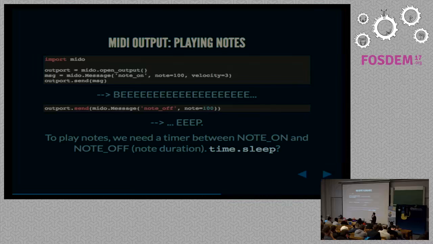So to play notes in a human sense, we have to have a timer between note on and note off, which is corresponding to note duration. So we can do that maybe with time.sleep.